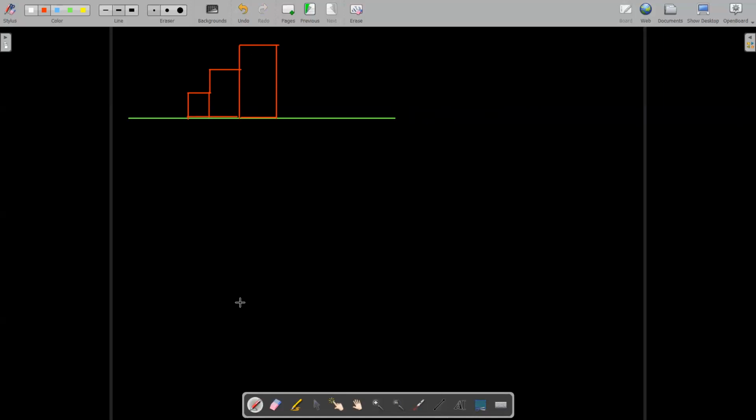All right, so each body having, say, this is 2 kg, this is 3 kg mass, and this is 4 kg, okay?